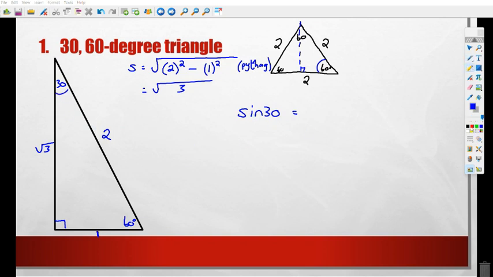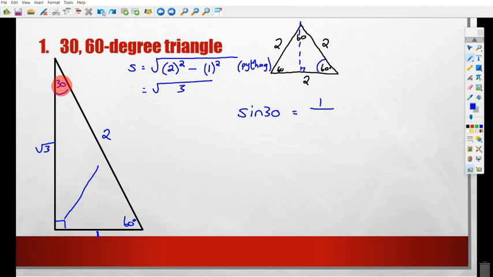If I'm using sine of 30, I'm going to look at this angle over here, and I must remember what sine is. Sine is opposite over hypotenuse. What is opposite this 30 degrees? The side opposite is 1 over, and what is the hypotenuse? It's 2. Remember, the hypotenuse is always opposite the 90 degree angle.